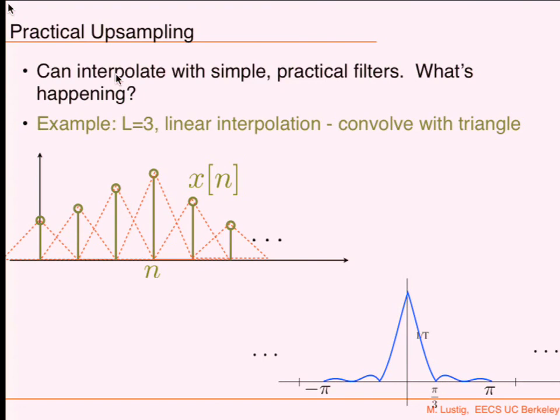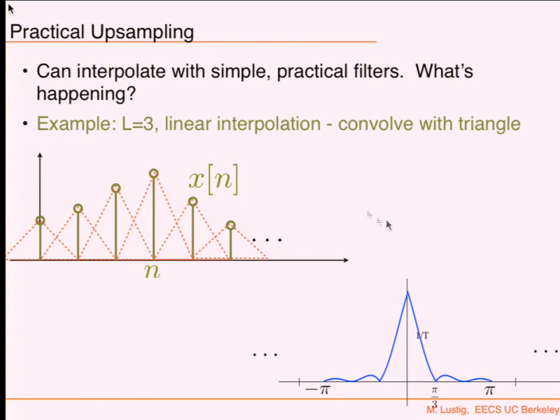And again, it has to make sense because linear interpolation is piecewise linear lines which have edges, so they have to create high frequency. Does this make sense? All right.